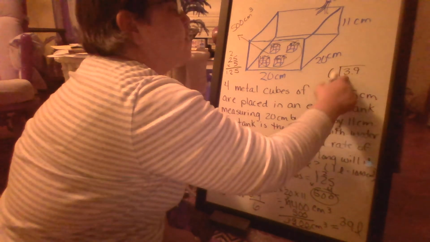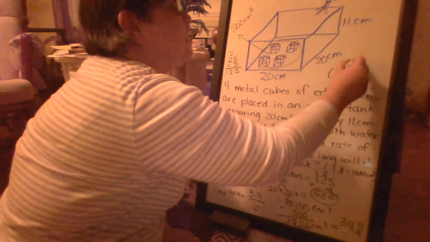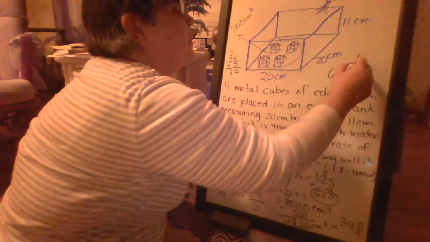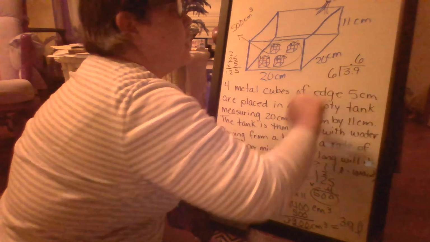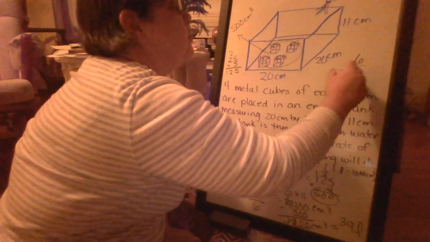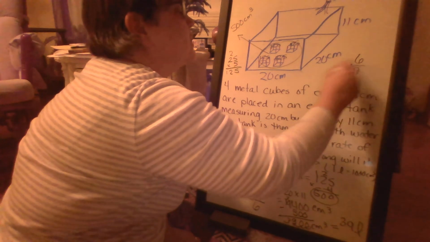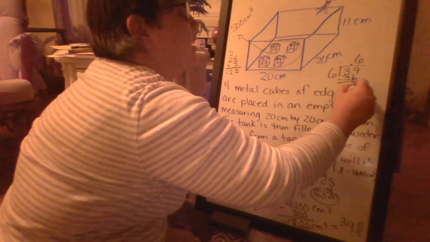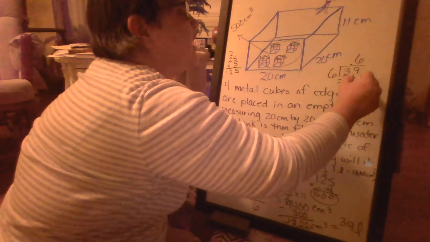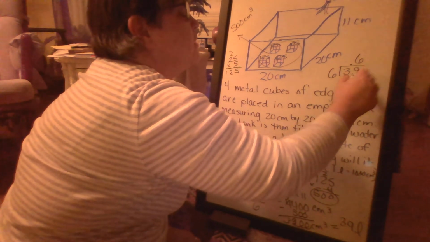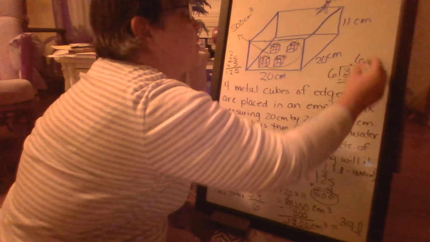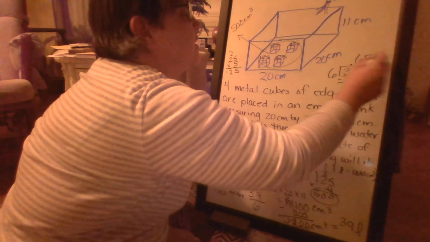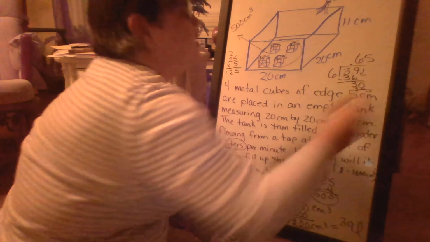I know that 6 will go into 39 6 times. I'm just moving my decimal up because that's what I do when I am dividing with decimals. 6 times 6 is 36. I'm going to subtract, bring down my 3. I'm going to bring down an imaginary 0, and 6 into 30 will give me 5, and that's going to give me no remainder.